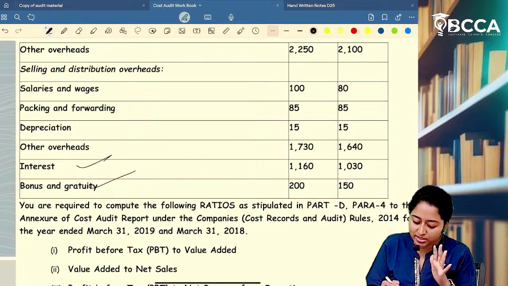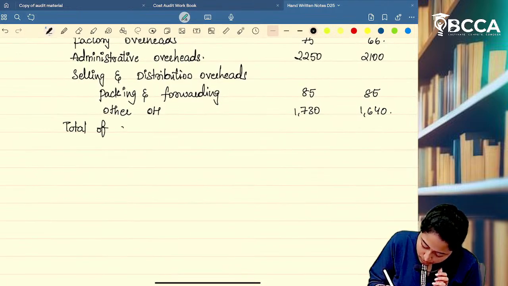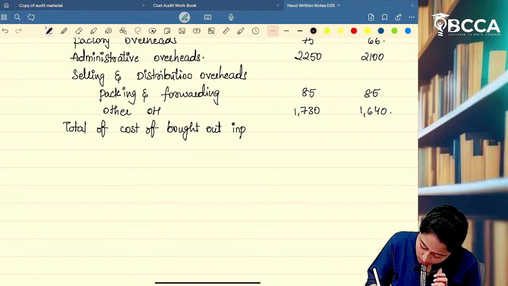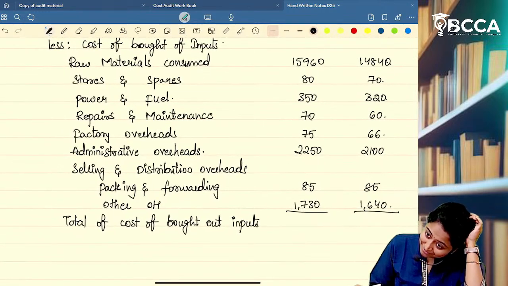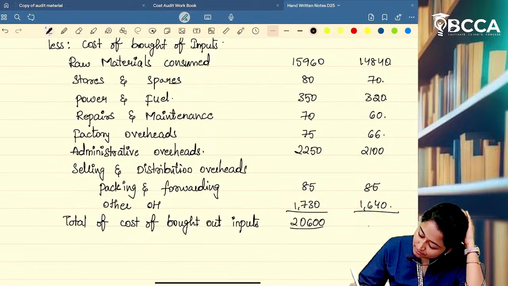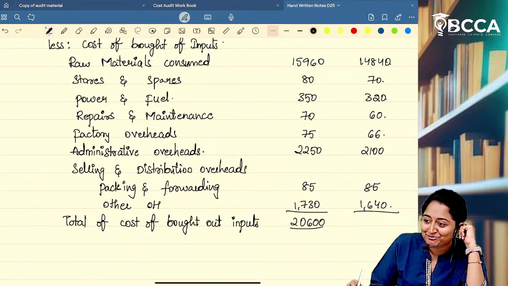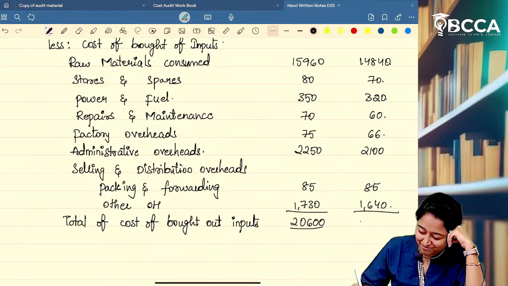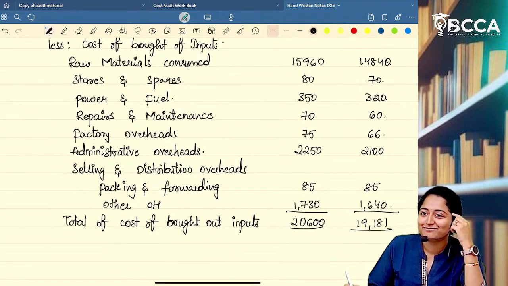Interest, bonus and gratuity, we will not consider in value addition. Now total of cost of bought out inputs. Okay, clear?